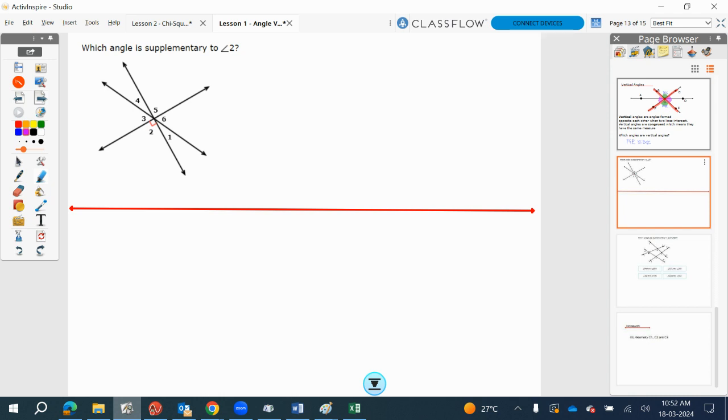Is it angle 5? How many angles are asked for in the question? How do we know it's only one angle? It's because it says angle. Which angle is supplementary to angle 2? Angle 5. Why?